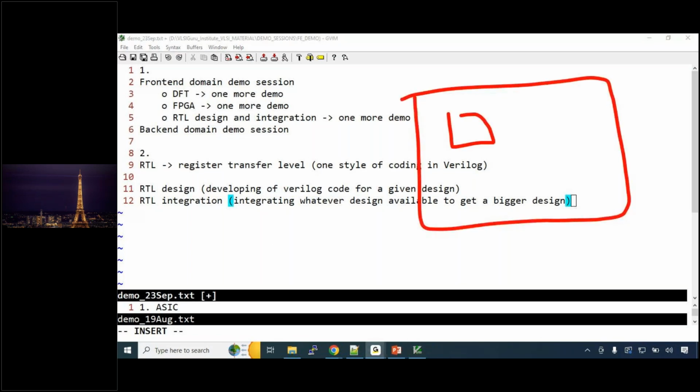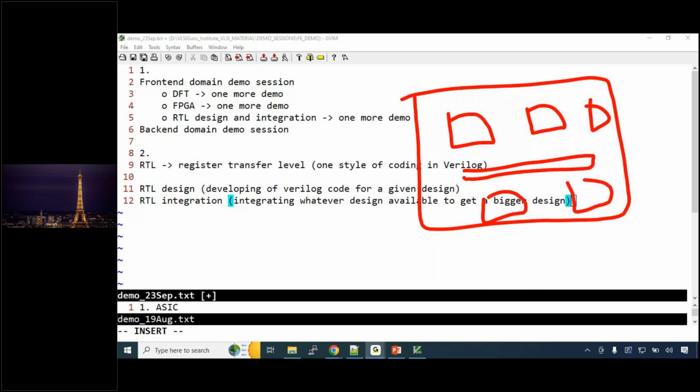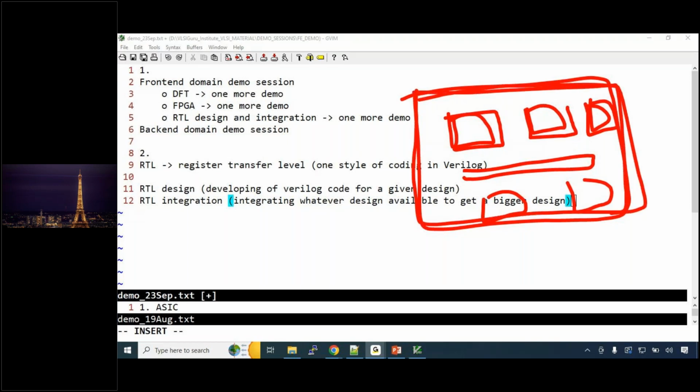These are some sub blocks. Someone has already given me the Verilog code for this, Verilog code for this, Verilog code for this, for everything. Then putting together everything to get a bigger module is what we call RTL integration.